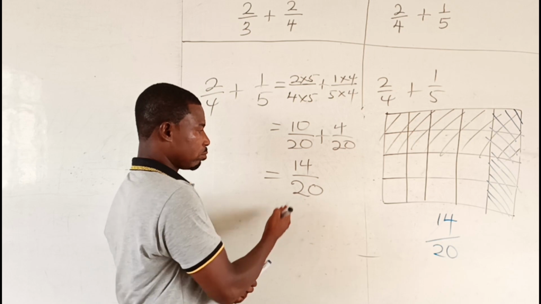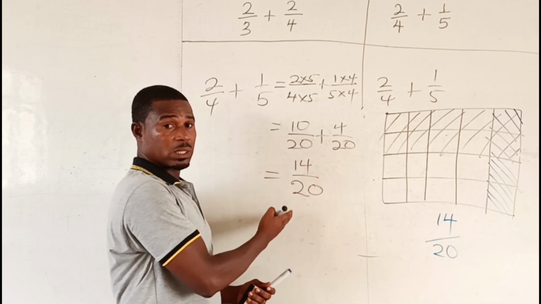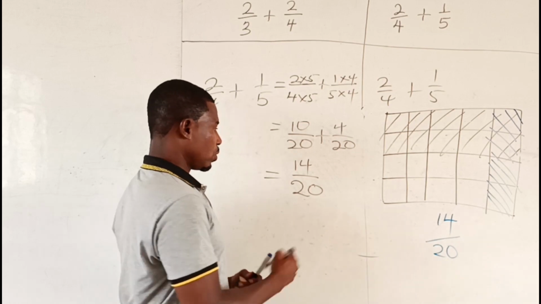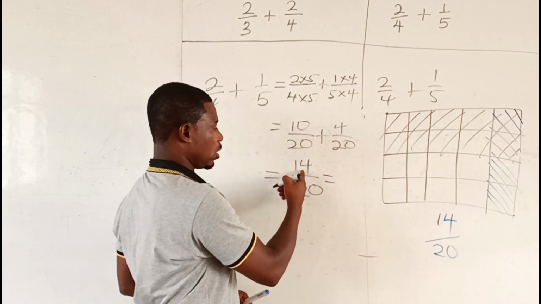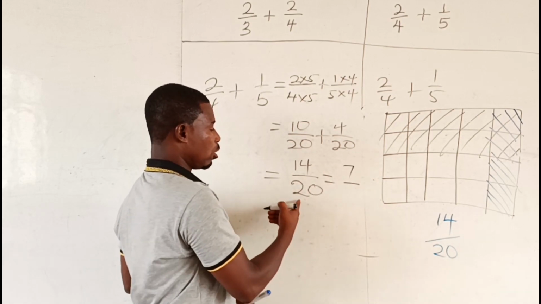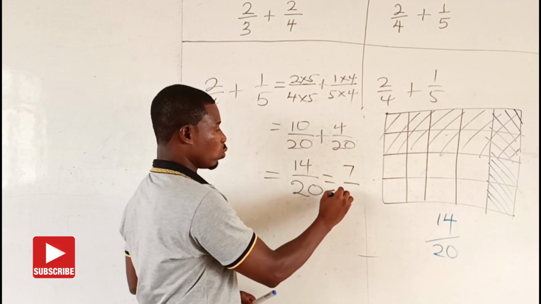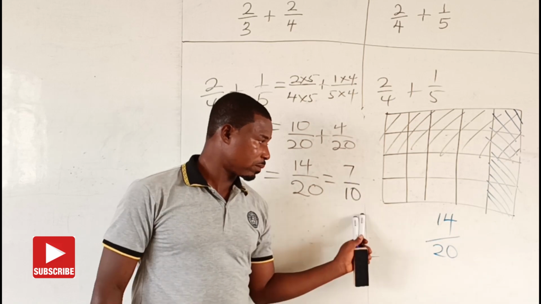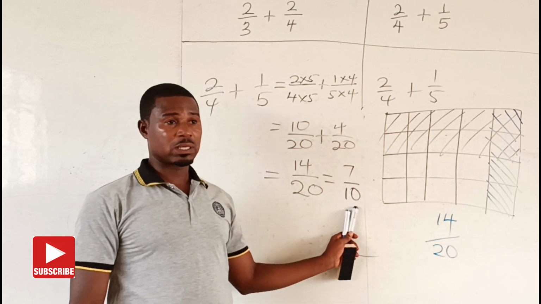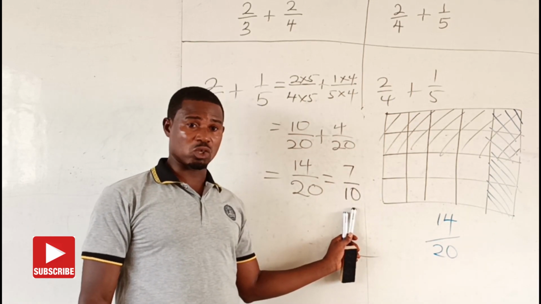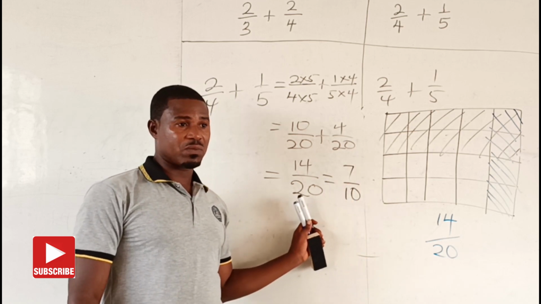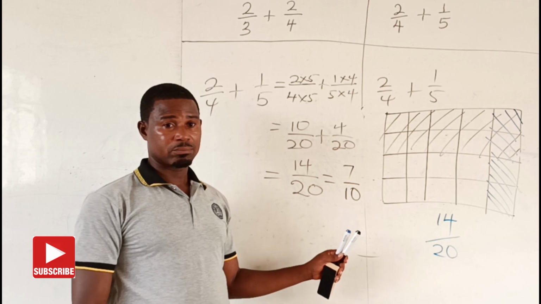What shall we use? When you take 14 and 20, we can possibly use 2. So 2 into 14 will give us 7, into 20 will give us 10. When you look at it, we cannot further divide this or break this down. So this is the simplest form of this answer that we can get.